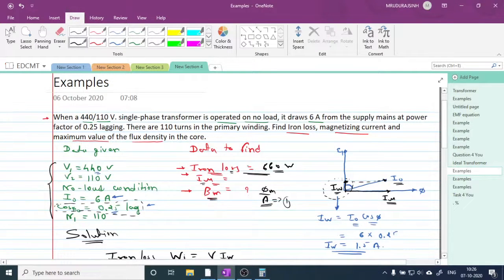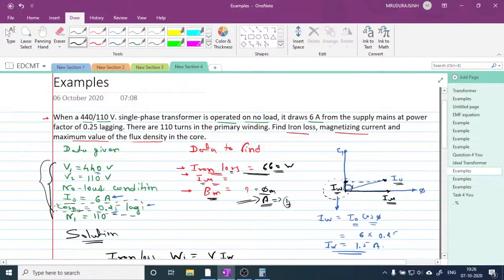And once we assume that our cross-sectional area is unity, we can go for Bm is equal to phi m. Why? Because we are assuming that our cross-sectional area is unity. And why are we assuming that? Because it is not given in this numerical, and there is no other way by which we can find the cross-sectional area.